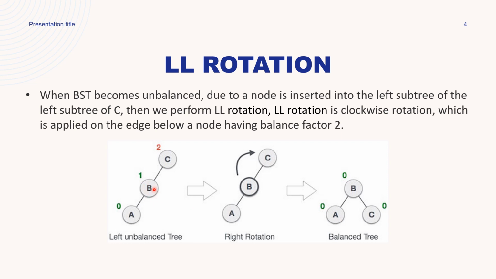As in this example, the B node is at the level below C, so we are going to perform the right rotation, or clockwise rotation, on that particular B node. After performing the right rotation, our balanced tree looks like this.